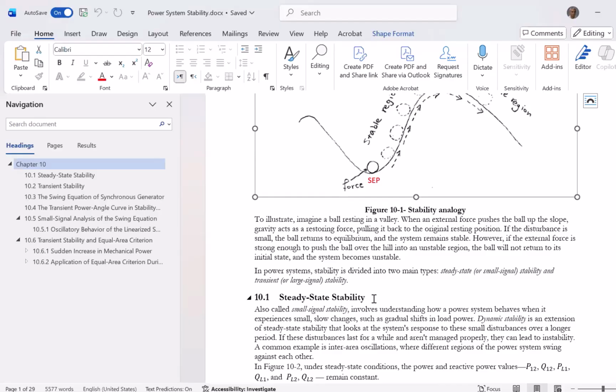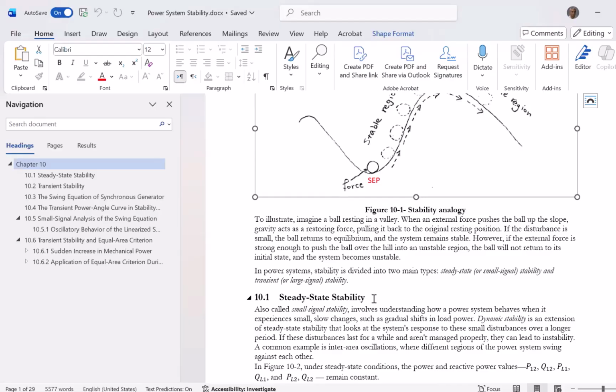Sometimes, although it may seem that these perturbations look like they're bounded within some small regions, if you look at the system over a longer period of time, you can see that those small perturbations may get bigger and bigger over time. One example of this is inter-area oscillations.